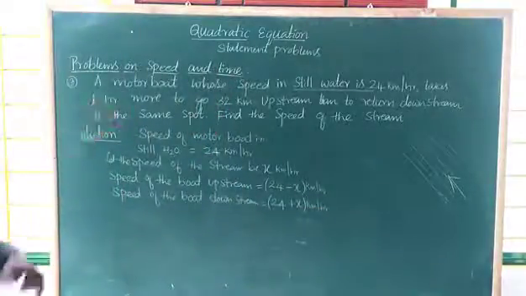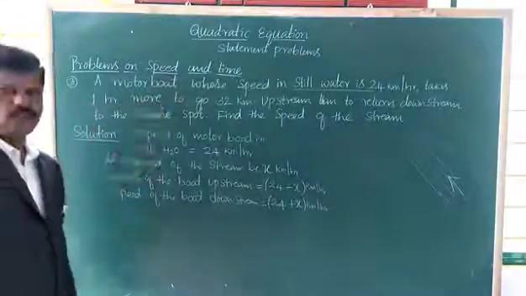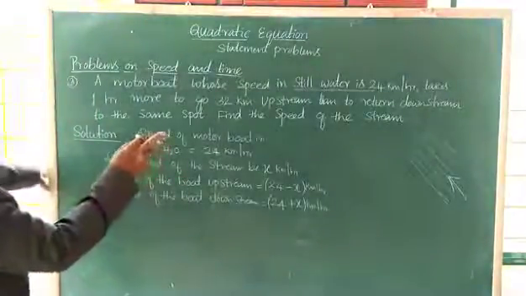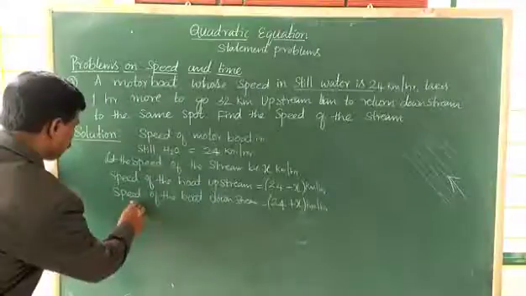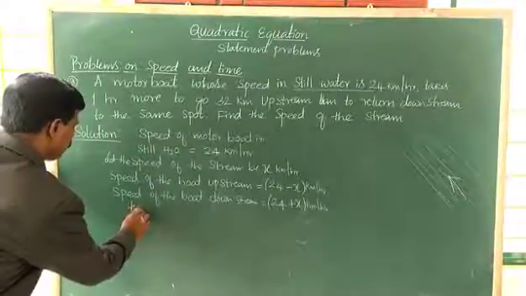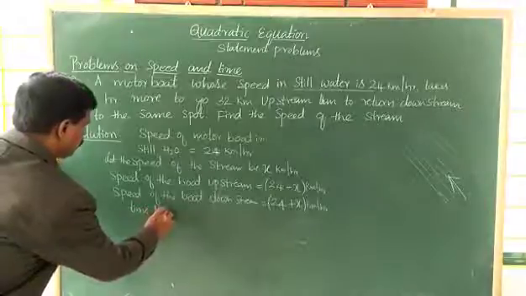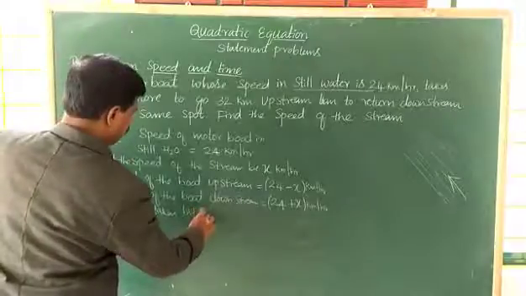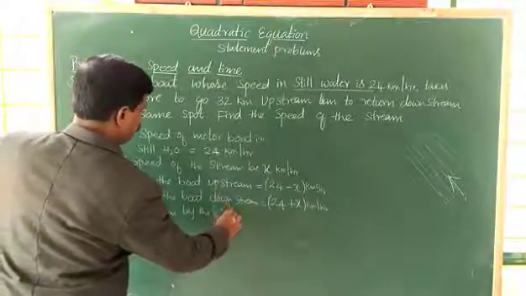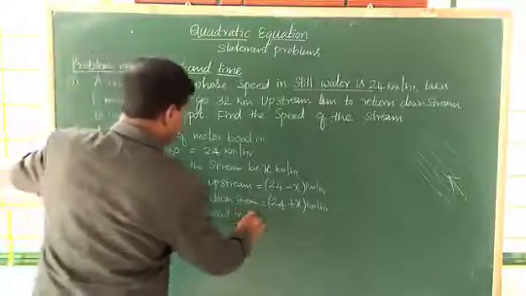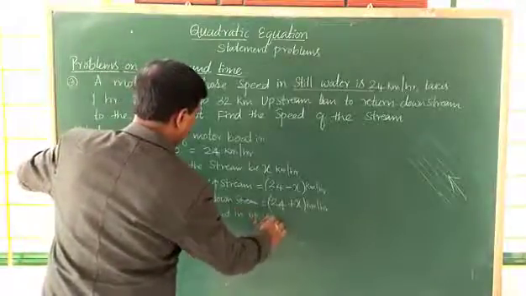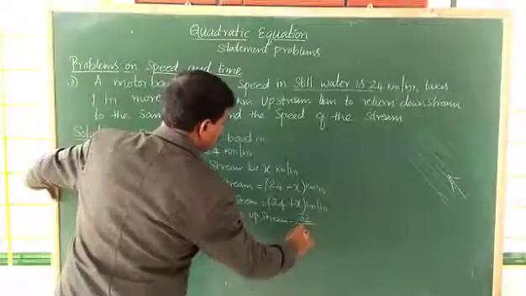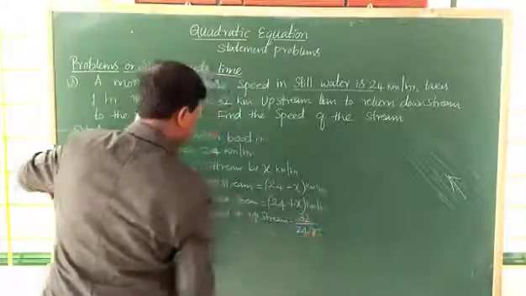Now the distance is 32 kilometers. So time taken by the boat upstream equals 32 by 24 minus x.